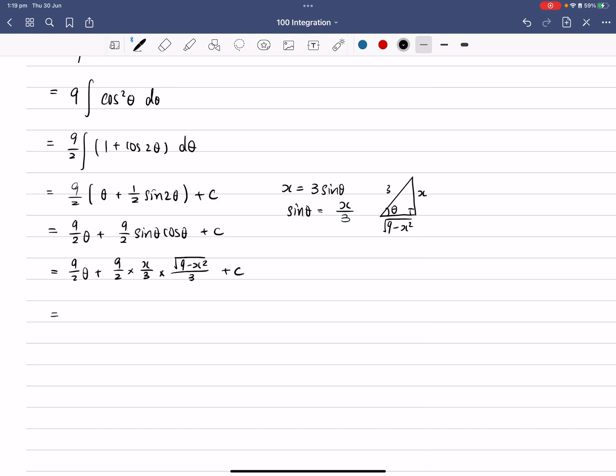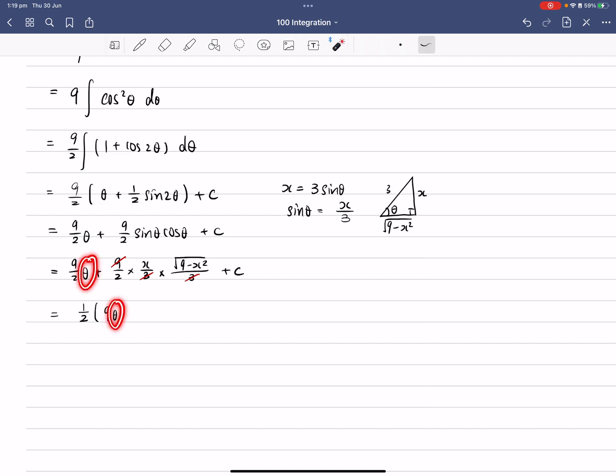But if you want to simplify it a bit further, you can. So we can take a few values out. But if you look at this, that 9 and that 3 cancel with the 3 here. So if we just factorize the half outside, we should end up with 9 theta. Oh, by the way, what is theta equal to? I still haven't replaced the theta here.